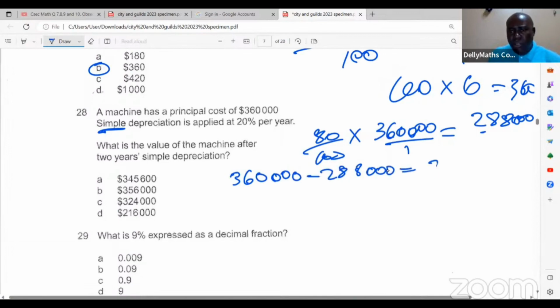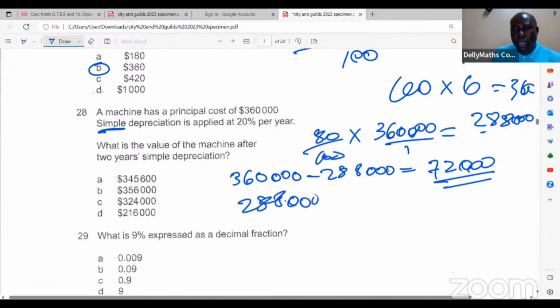We get about 72,000. Let me double check it. It looks like 72 minus 288. Yeah, 72. All right, so since it is simple, that same amount will come off again, that same 72. So we're talking about 288. If you take away that 72 again, then 216, this one.